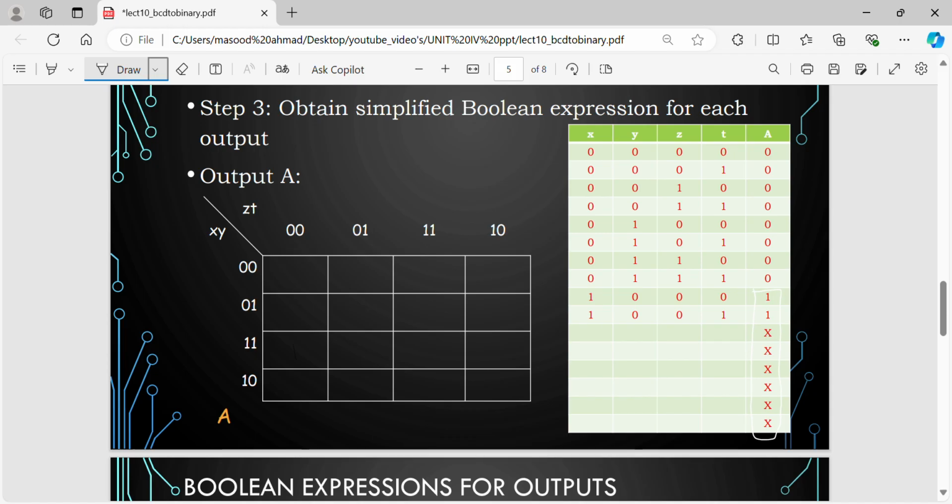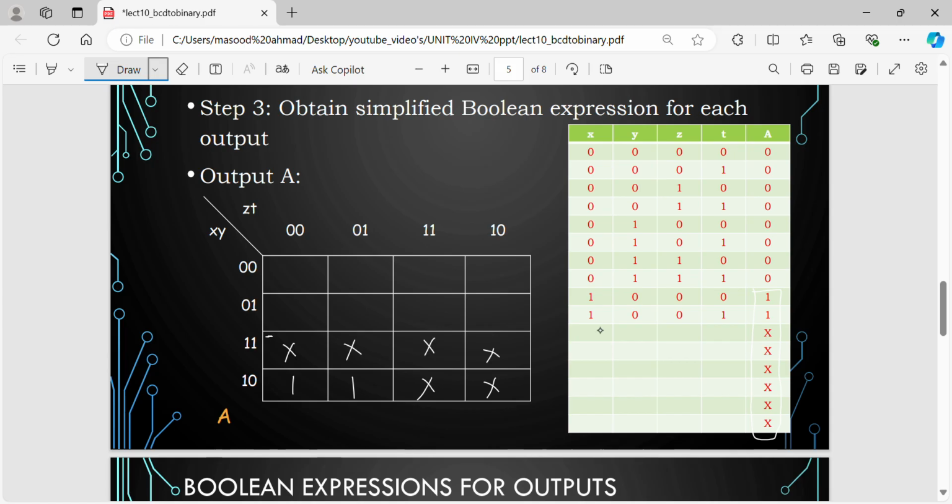Whichever is 0, I am not bothered. So what are these values for? This is 8 and 9, the ones. The rest are don't cares: 10, 11, 12, 13, 14, then 15.